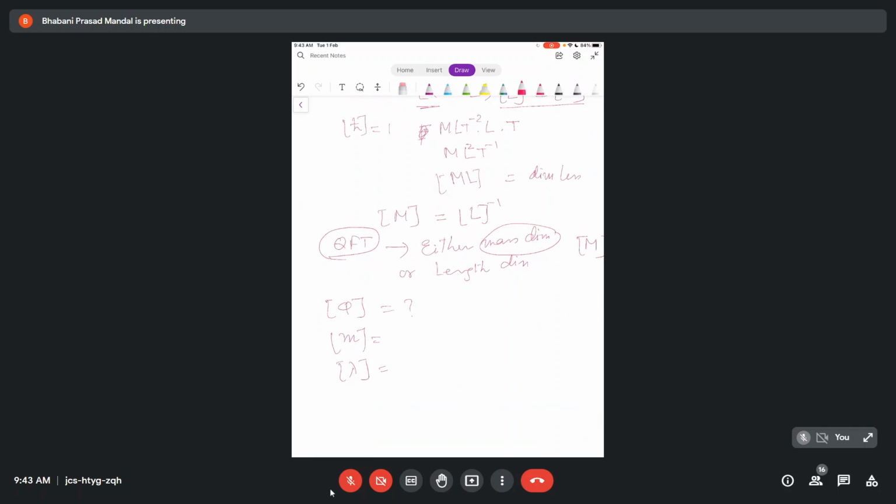Let us first concentrate on our Lagrangian or action. Action is the integral of d^4x L, with L equal to half (del_mu phi)^2 minus m^2/2 phi^2 minus lambda/4! phi^4, right?